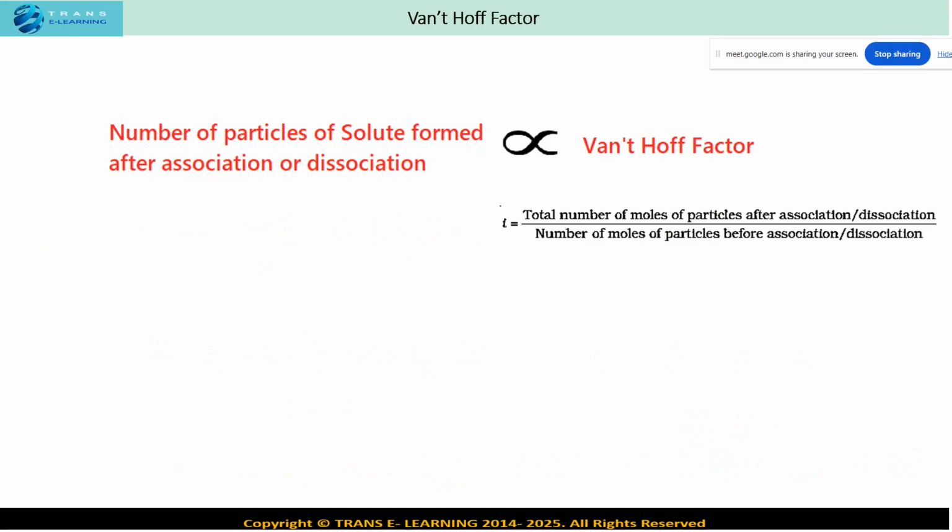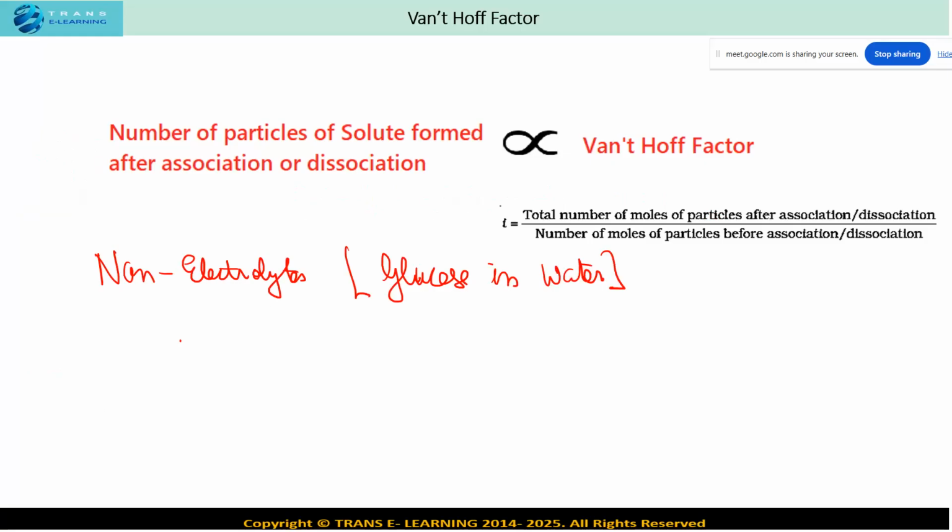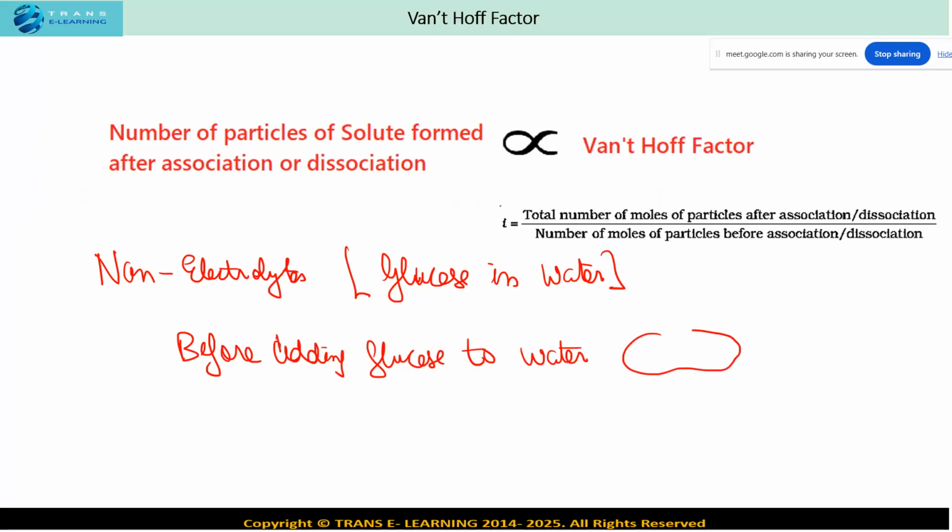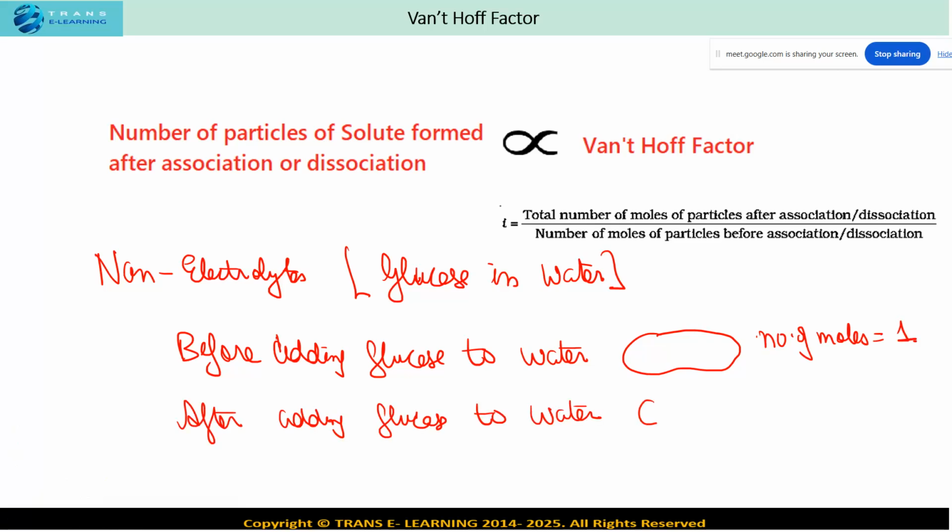So in that case, your Van't Hoff factor is 1. As I was saying about non-electrolytes, for example glucose in water: before adding glucose to water, it is just one molecule, so we can consider the number of moles to be 1. Now after adding glucose to water, it is still the same. The number of moles of solute is 1.